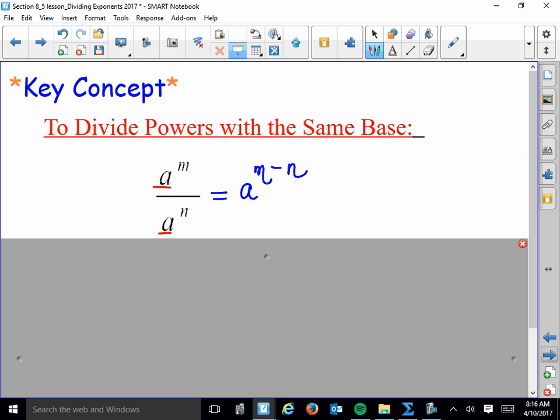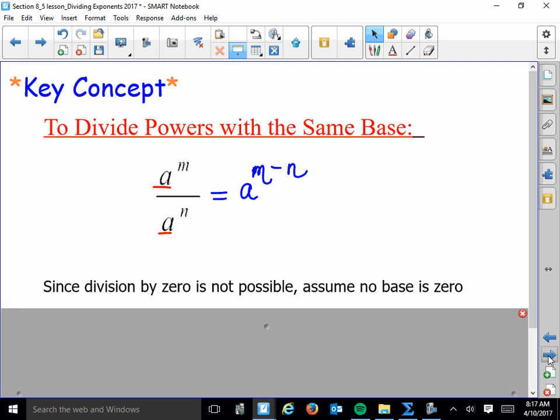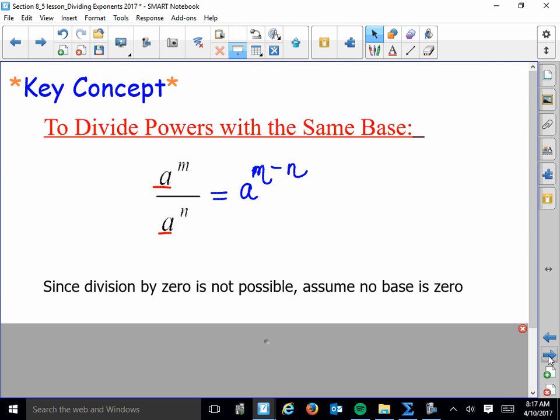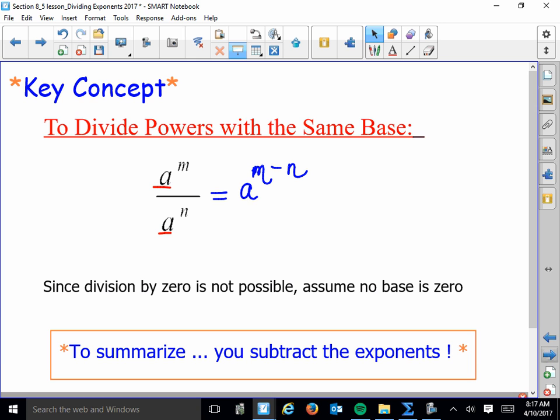Okay, and the base is a. The other thing that I need to point out is that we are going to assume, because we can't divide by 0, that the denominator is never equal to 0. No base is 0. So our shortcut is to divide powers with the same base, you subtract the exponents.